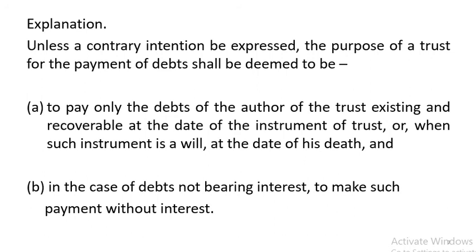If a situation arises which was unforeseen by the author of the trust and the trustees are not able to take the consent of the beneficiary, then the court may take administrative jurisdiction by sanctioning the acts of trustees.